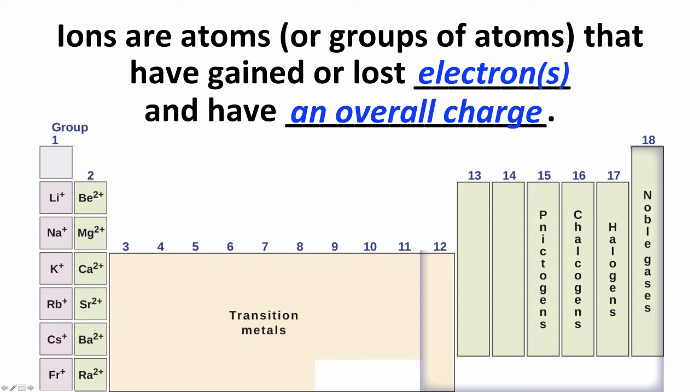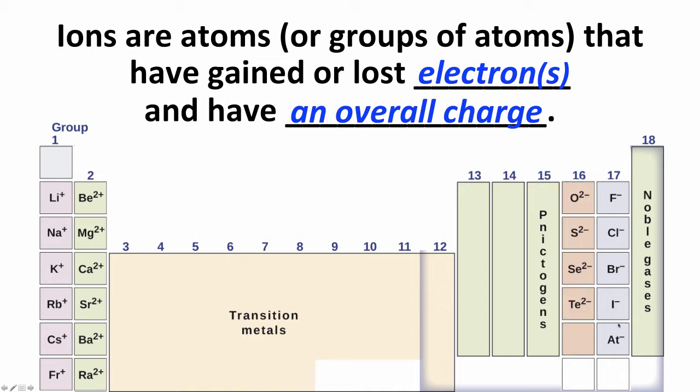The alkaline earth metals tend to lose 2 electrons because they have 2 electrons in their outer shell, and they tend to make +2 charged ions. On the other side of the periodic table, the halogens tend to gain 1 electron and make a -1 charged ion. The chalcogens, things like oxygen and sulfur, tend to gain 2 electrons and make -2 charged ions. The pnictogens, the nitrogen column, gain 3 electrons and make -3 charged ions.